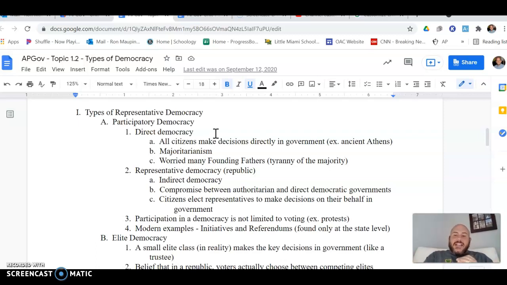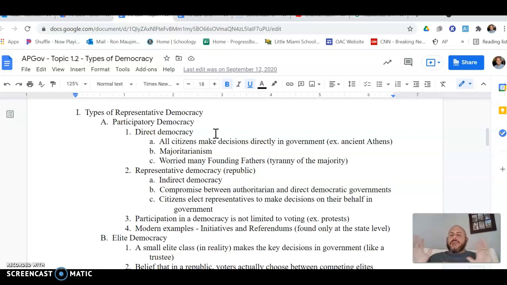And these founding fathers did not want that to happen. So the idea of a direct democracy, though it is a democracy in its purest sense, does come with pragmatic challenges and was certainly not something that was the priority as far as the founding fathers were concerned.